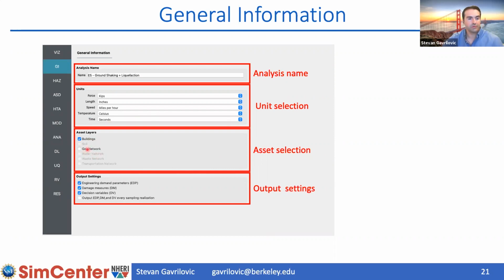And in the future, more and more different types of assets will be added. And then the output settings define the granularity of the output results. So for example, the user has the option of outputting all or some of the engineering demand parameters, intensity measures, and decision variables. And you could output these at each sampling iteration as well. This gives you control over how much data you want in the result.